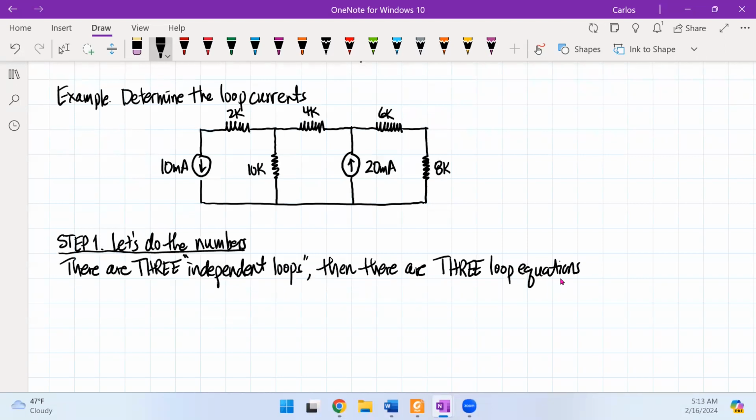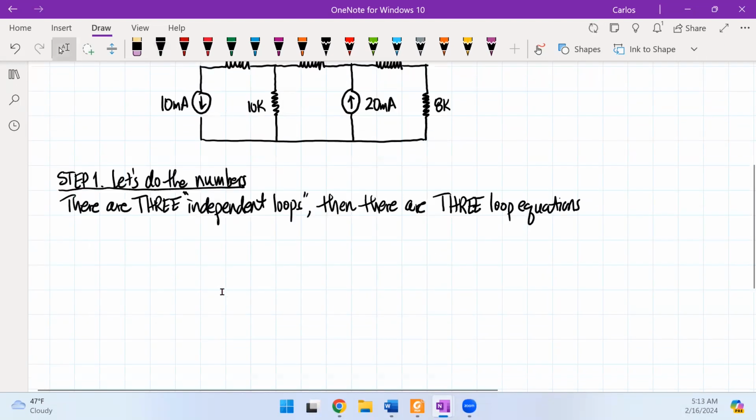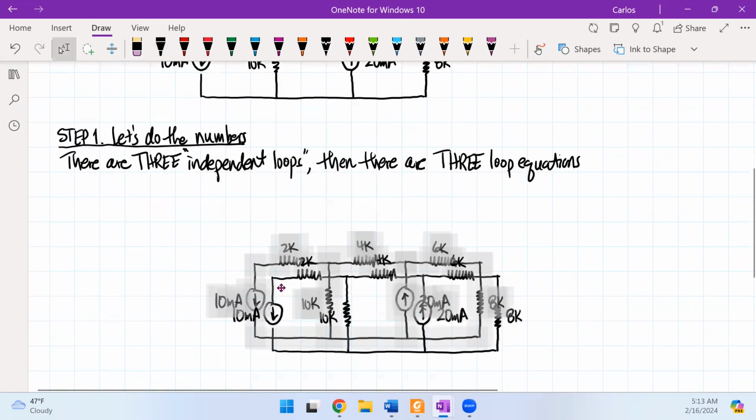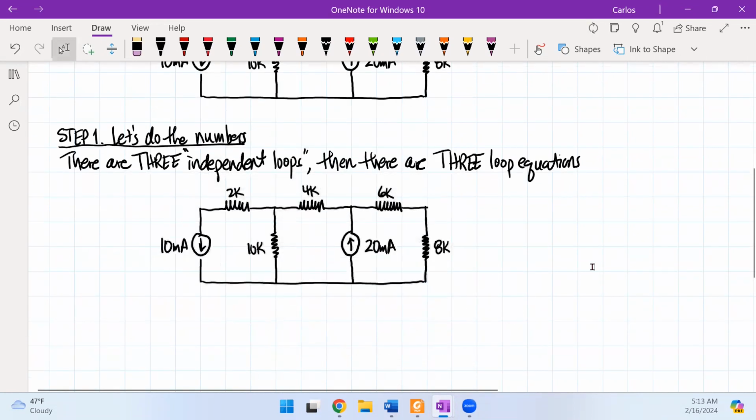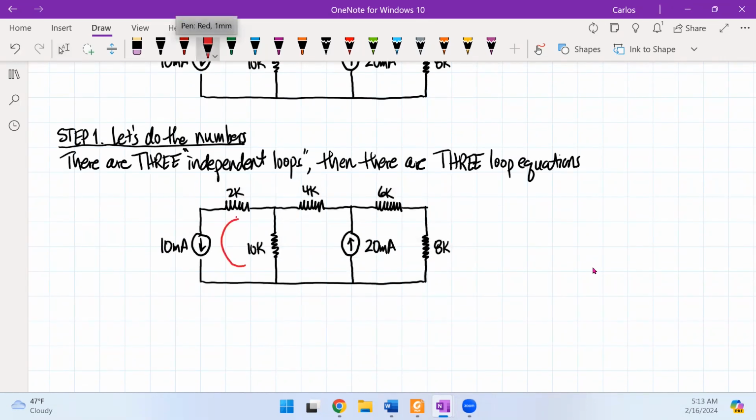Now if I put that circuit back in right here, I'm going to say, okay, here's my first loop, and I'll call that 1. My second loop, I'll call 2. And then I have this third loop, which I'll call 3.